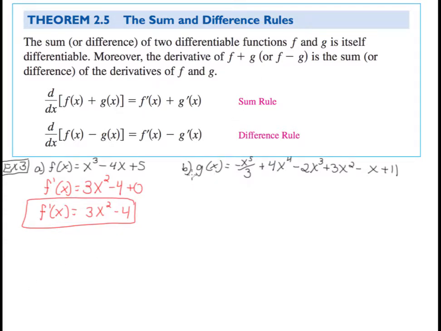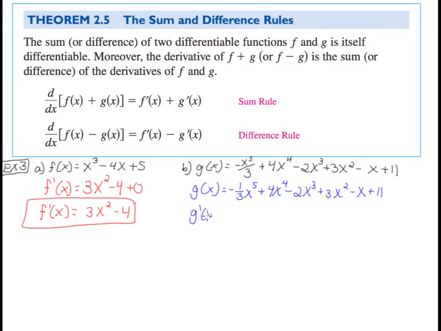B, g of x is equal to the following function. Let's start by taking that constant out. So I'm going to rewrite g of x as -1/3 x to the 5th plus 4x to the 4th minus 2x cubed plus 3x squared minus x plus the constant function 11.